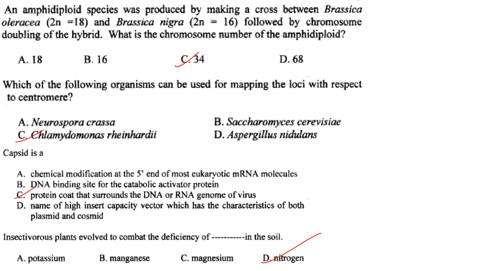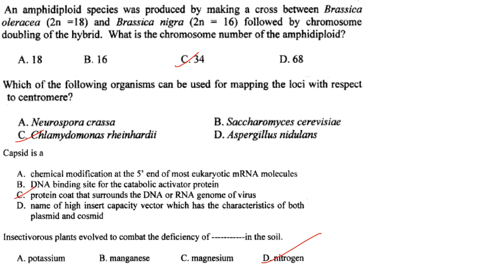Then the next one, capsid. Chemical modification at the 5' end of a eukaryotic mRNA molecule, that is a cap, mRNA capping.